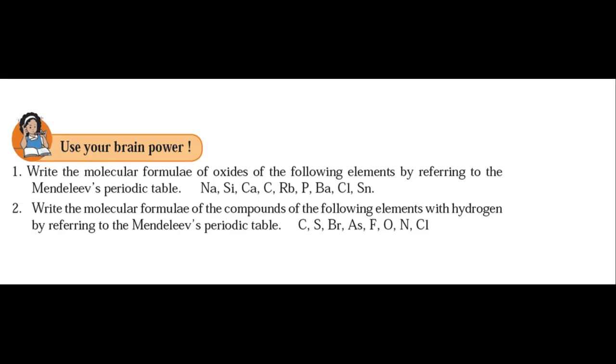Write the molecular formulae of the compounds of the following elements with hydrogen by referring to Mendeleev's periodic table. So it wants the chemical formulae of these compounds with hydrogen.